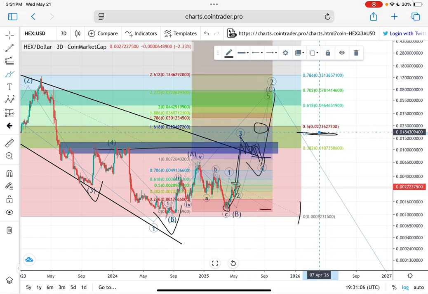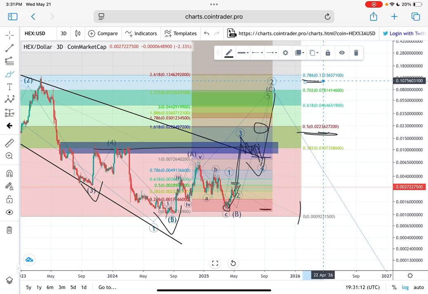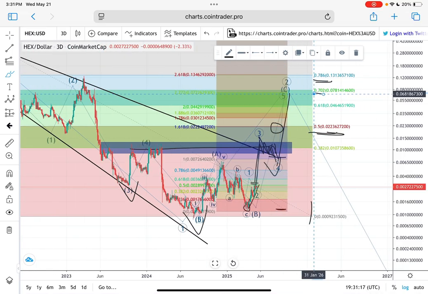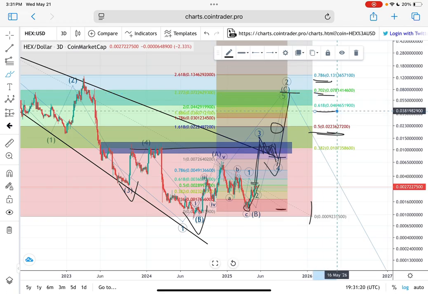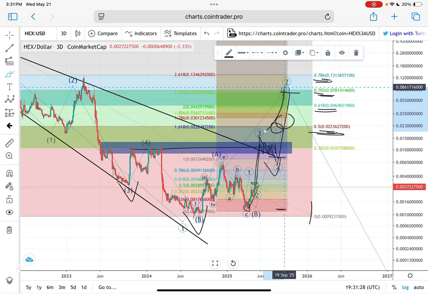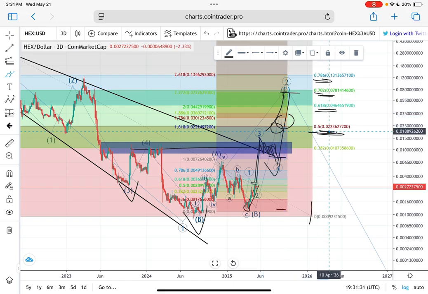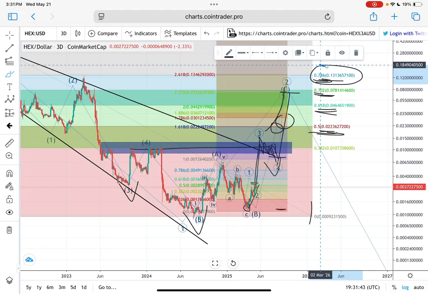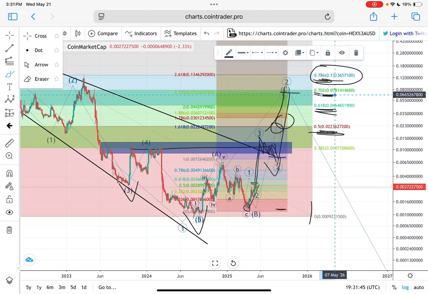That would be an ideal take profit level. And then you may actually come all the way up here. There's a possibility of that at the 786, where you have an extension of the 5th wave. There is a possibility of that. So you'd mainly just want to look to take profit at all of these levels, just to be safe. But now these other fibs just provide you confluence that once you get up here, it's going to be very overheated. So you do TP1, TP2, TP3, TP4, and I would save just a little bit of my bag for this TP4. So then you can ladder out all the way up, not financial advice.